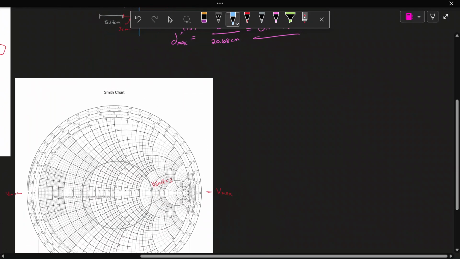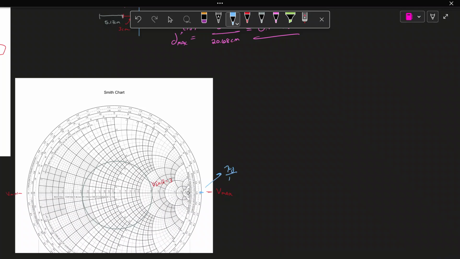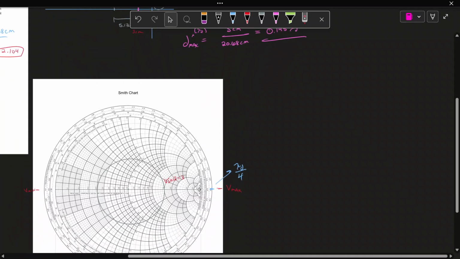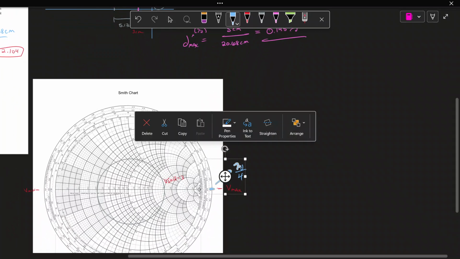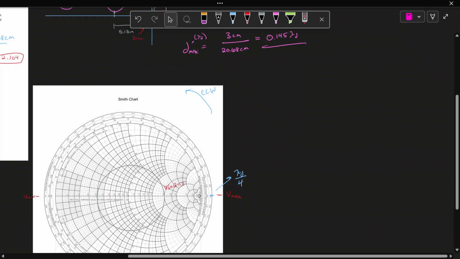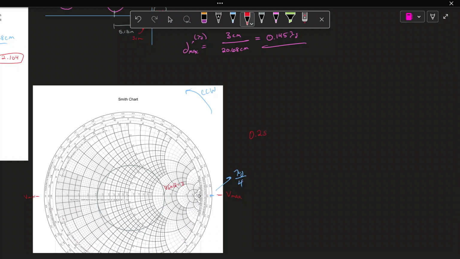So starting at this point, which is lambda d over 4, a quarter wavelength, back towards the load is counterclockwise. Okay, so that means we're going 0.145 back towards the load, which is 0.25 lambda d minus 0.145 lambda d. We get 0.105 lambda d.